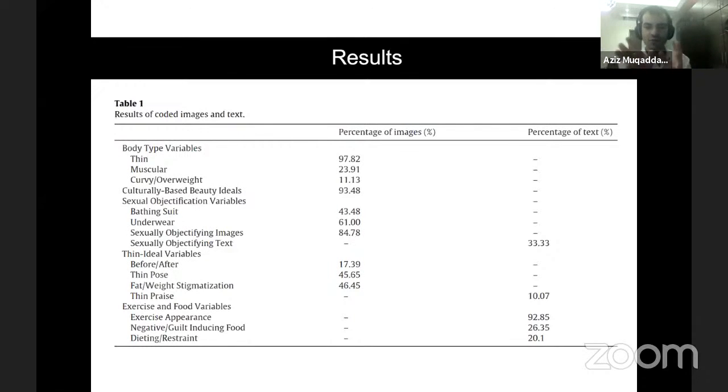So we can run some numerical variables. So you could have percentages here. I can tell you more precisely to what extent these websites feature thin body types or feature sexually objectifying images, etc., right? So this is like precise, measurable results. Okay.